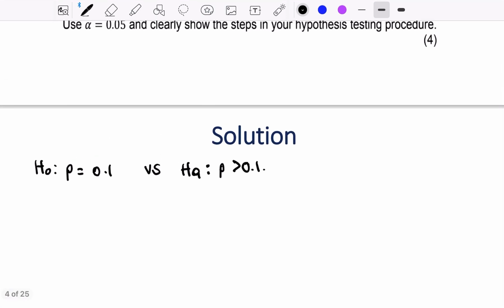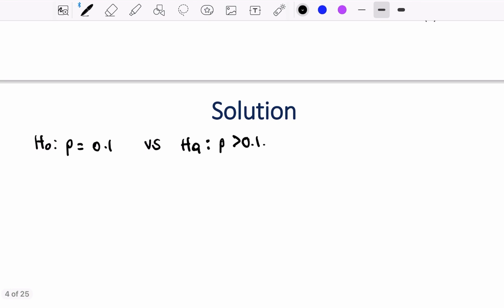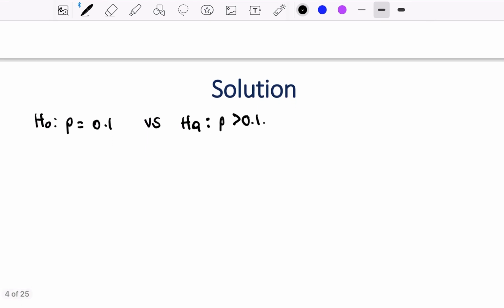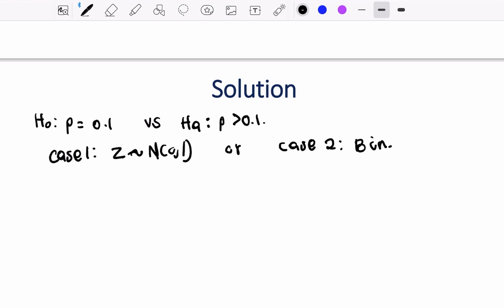Okay, let's start here. Which case are we using? Are we using case 1, which is the normal, Z is normal 0, 1, or are you using case 2, which is the binomial?